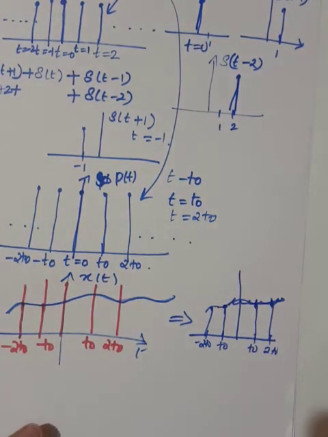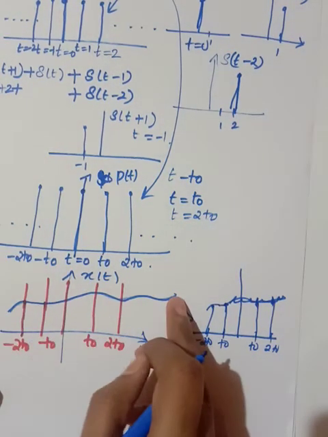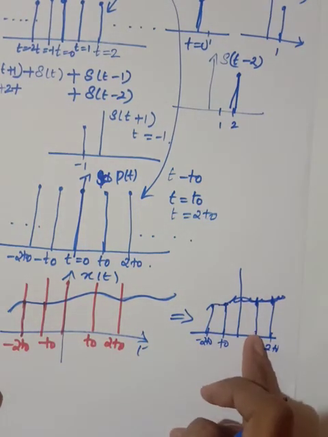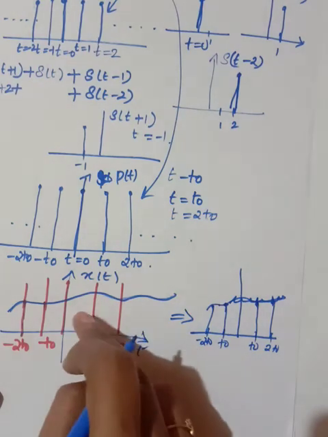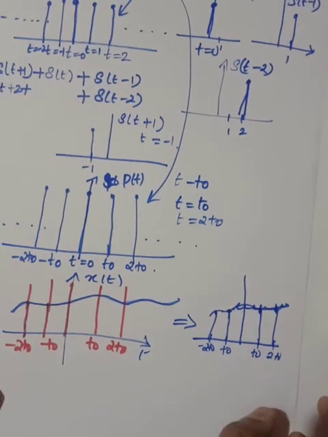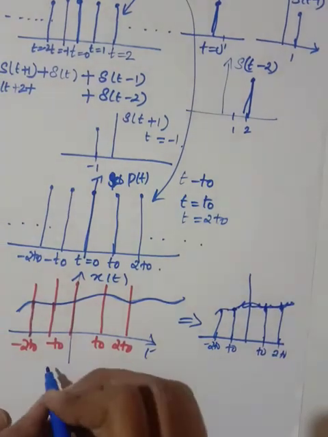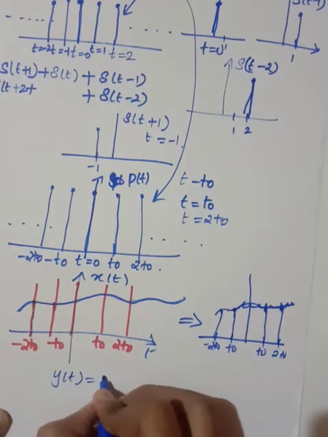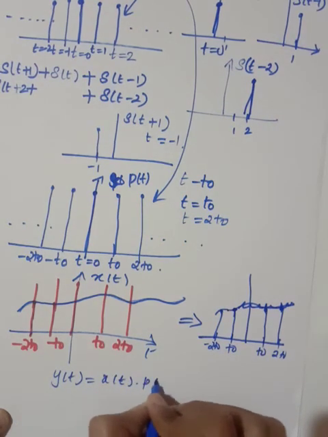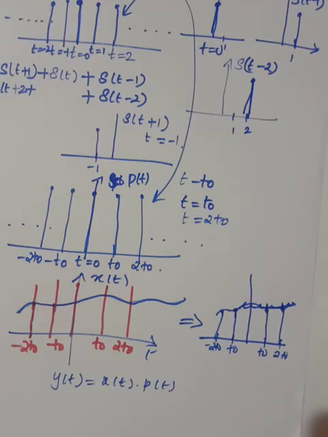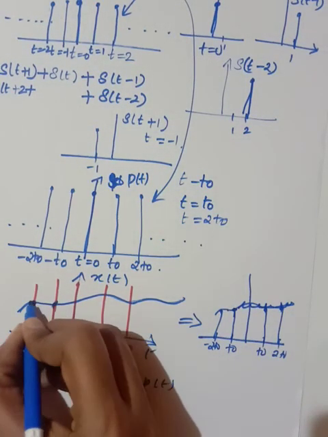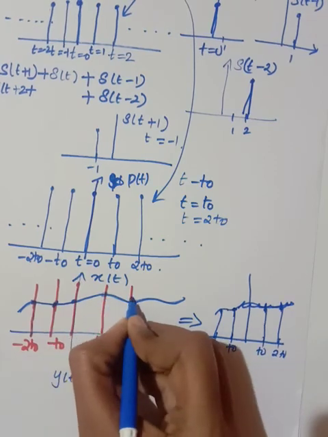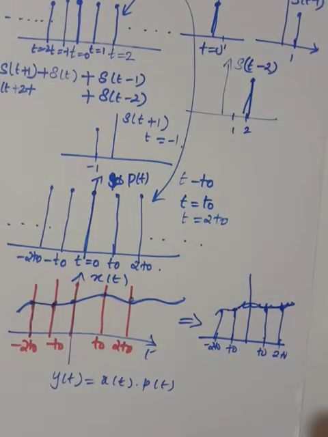So here a continuous time signal is converted into a discrete time signal. This is the continuous time signal when you multiply it with that train of pulses. So the output y of t is equal to x of t into p of t. The output will be like this. You will get only these values at these points. So a continuous time signal is converted into a discrete time signal.